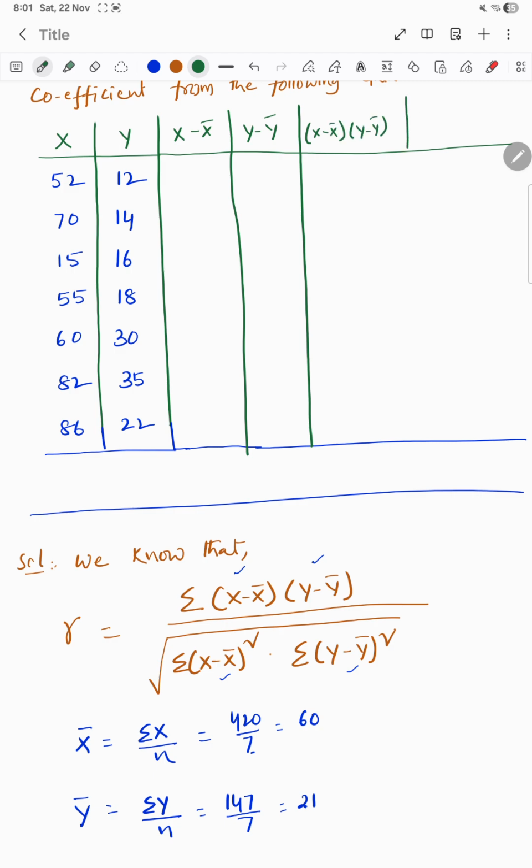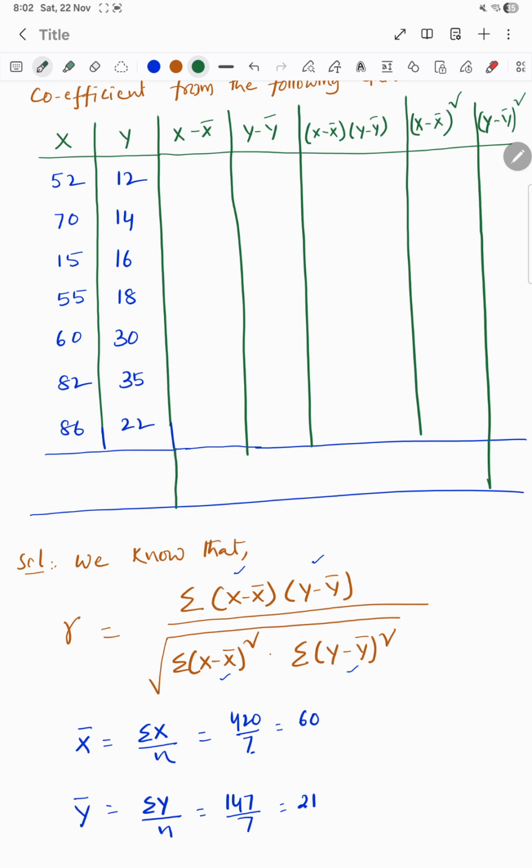After that I require (x minus x bar) whole square as per my formula, and I require (y minus y bar) whole square as per my formula.